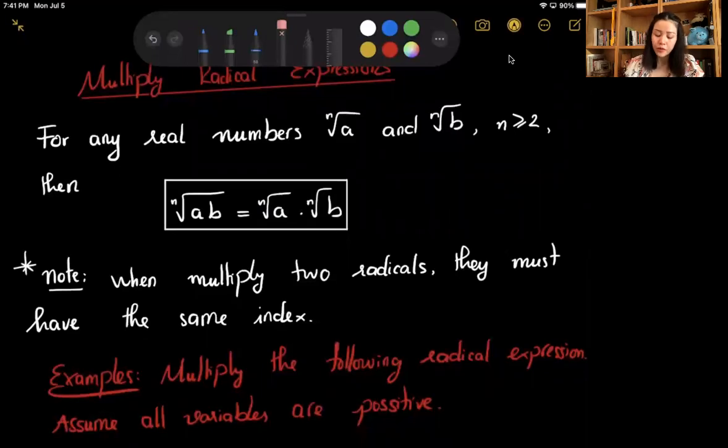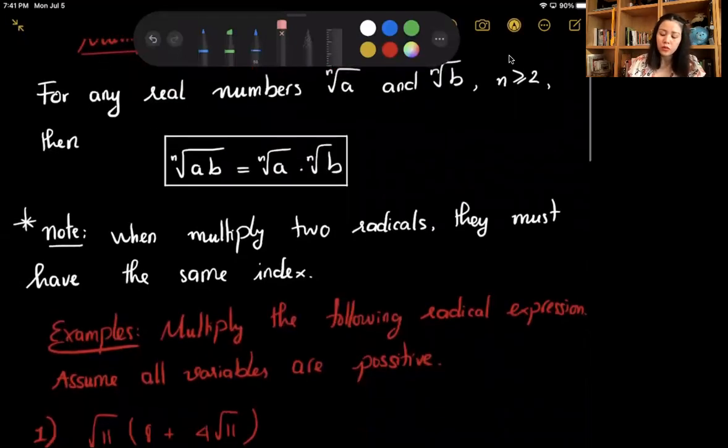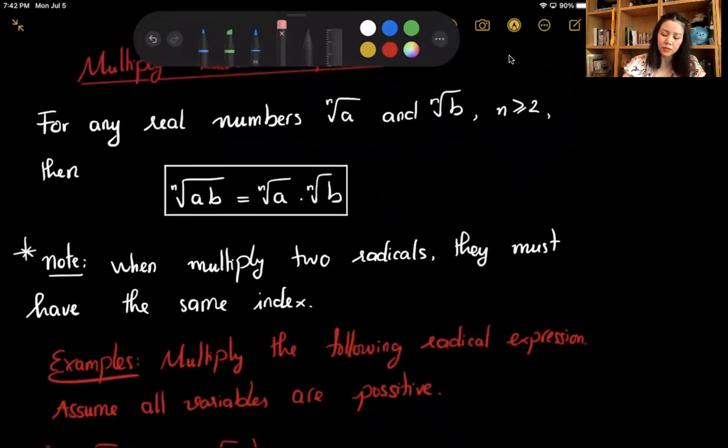A little note here: when you multiply two radicals together, those radicals have to have the same index. So what do I mean by index? Let me explain, go through some notation here before I jump to the example. If I have n root of a, this little n here, that's the index.